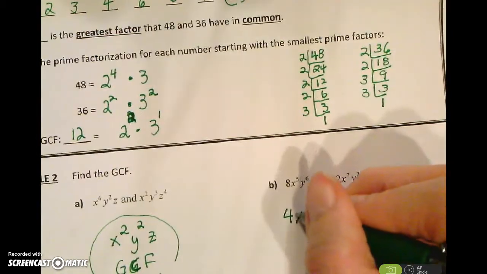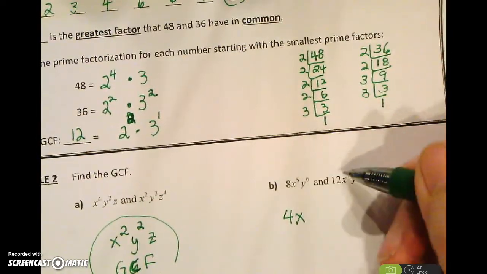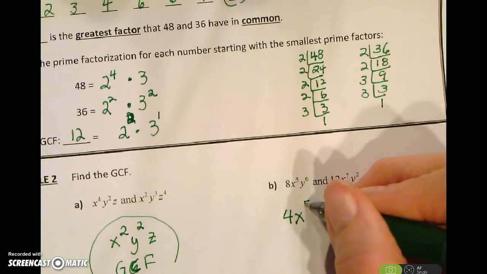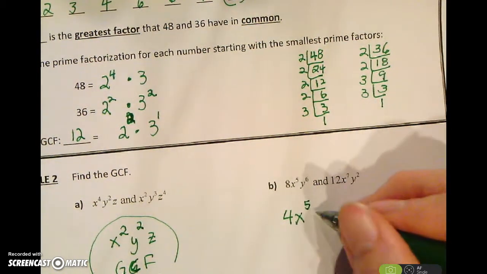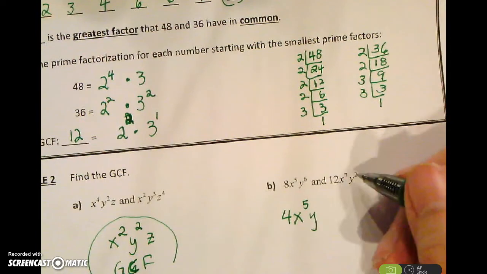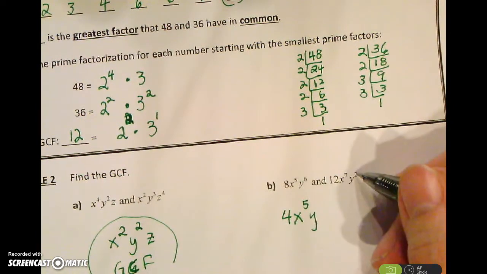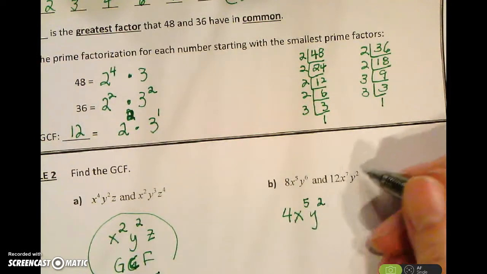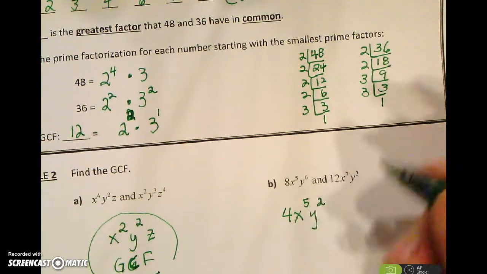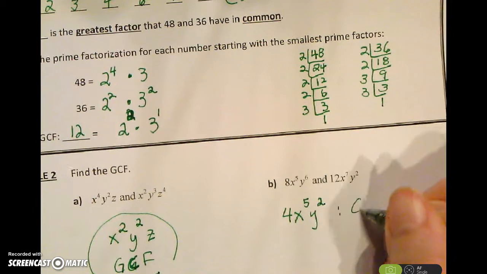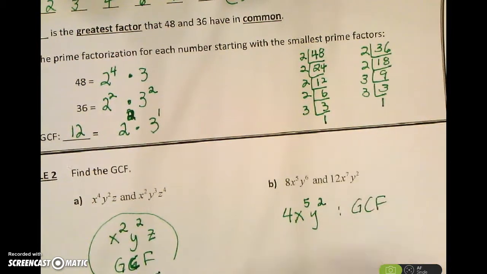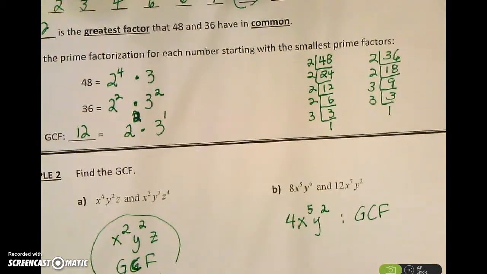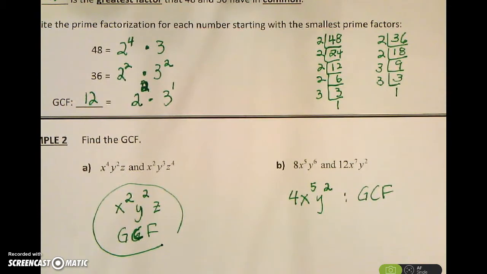They both have to have an X, and this one has 5, this one has 7, so they both have 5 X's in them. And then for the Y, 6 and 2, so they both have 2 in common. So remember, they both have to have it in order for it to go into the GCF. And there that is. So we're going to stop this one and we'll go to the next video.